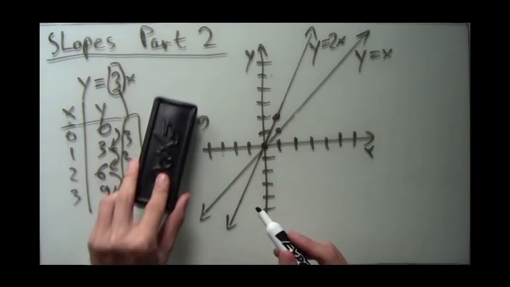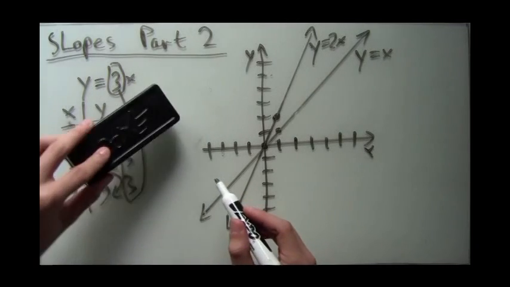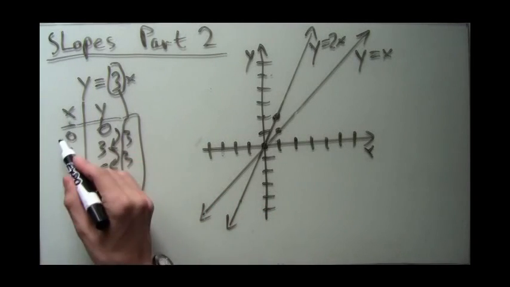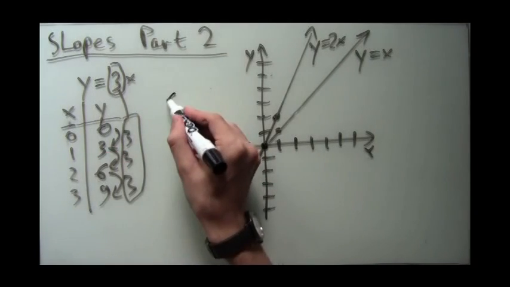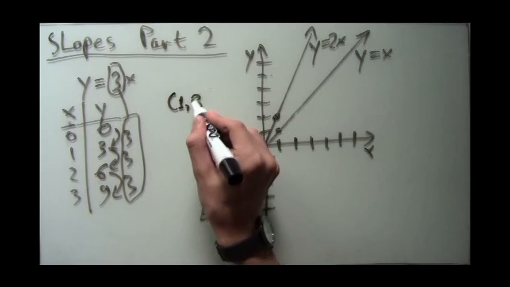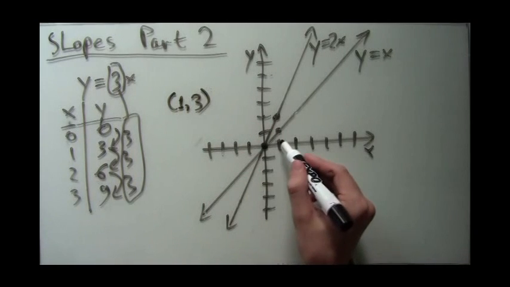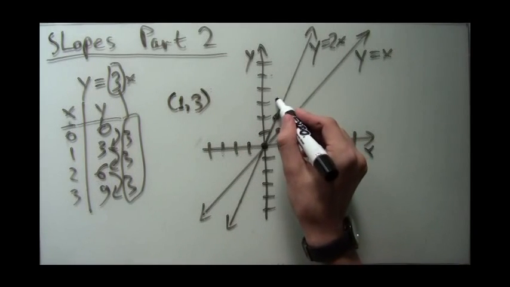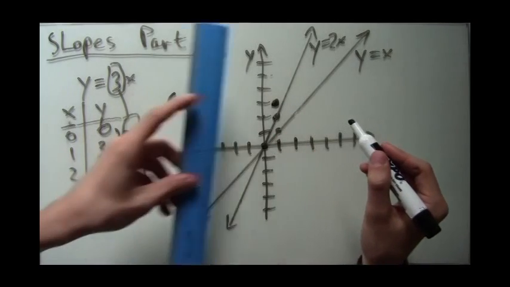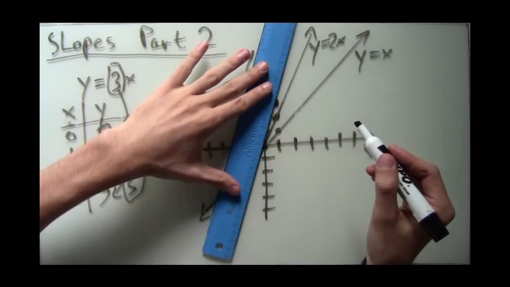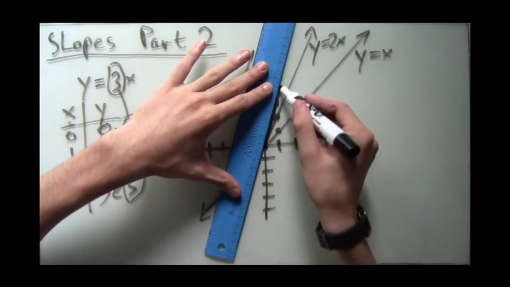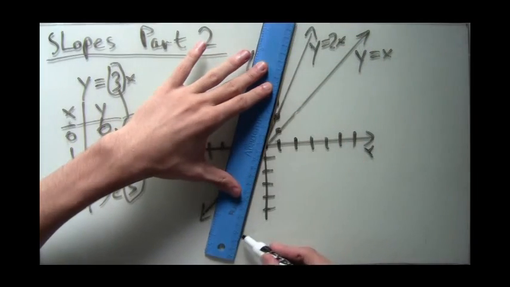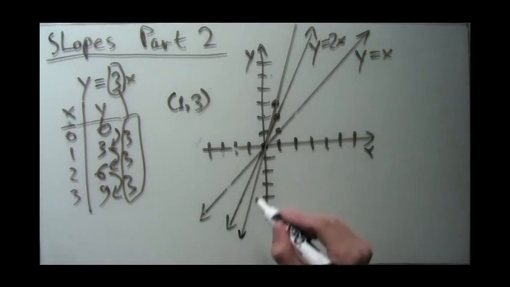Now we will graph this by plotting 2 points and connecting them with a ruler. 0, 0, a point that all of these lines have in common, has already been drawn. 1, 3 is 1 to the right and 3 up from the origin. Now we can just make the line, and put on some arrows and label it.